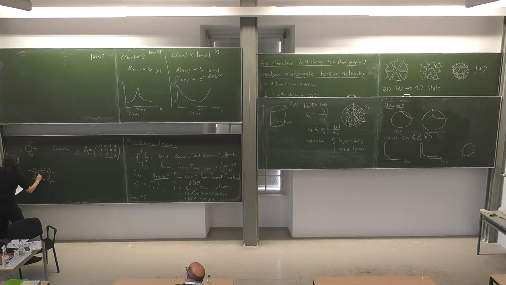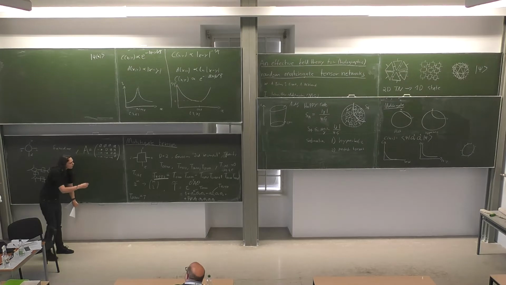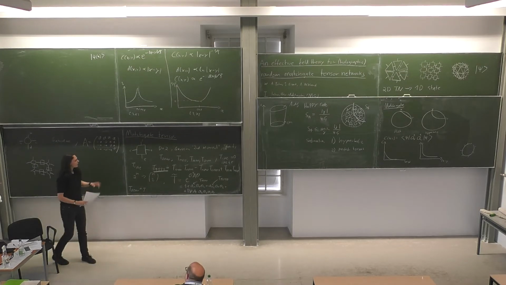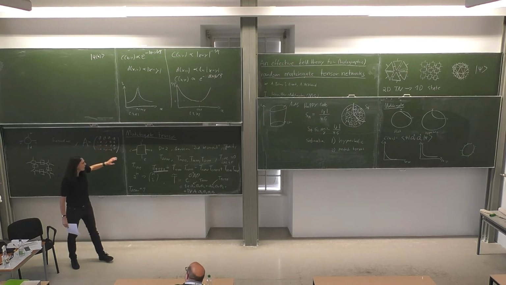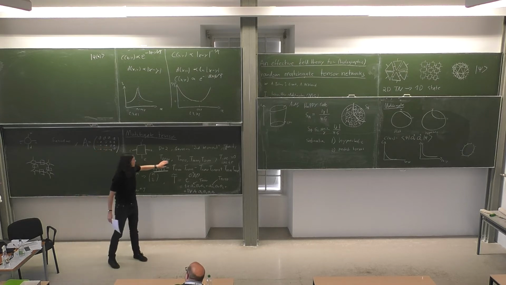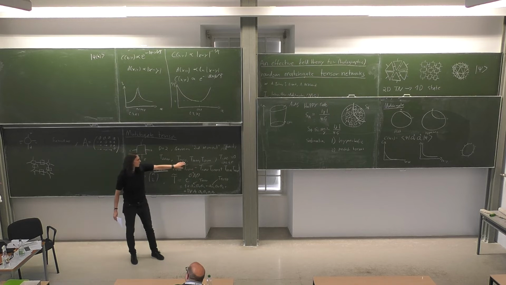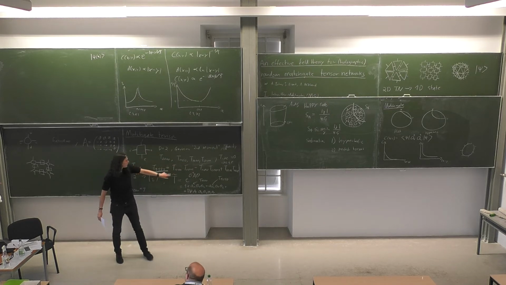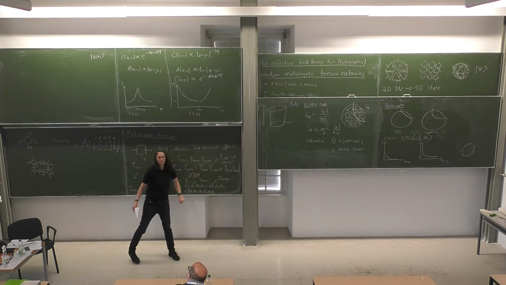Essentially, what this tensor network represents is, assuming we set A to 1, then each of these tensor components would occur with the same weight. Also this one here, because 1 minus 1 plus 1 is 1.